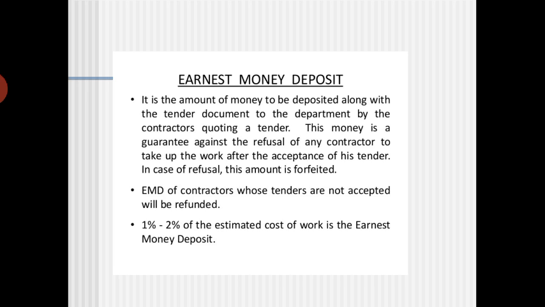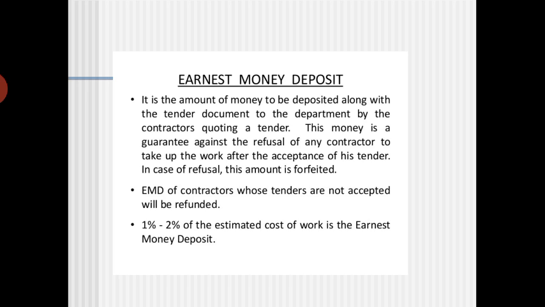This money is a guarantee against the refusal of any contractor to take up the work after acceptance of his tender. In case of refusal, this amount is cancelled. So, EMD of contractors whose tenders are not accepted will be refunded.